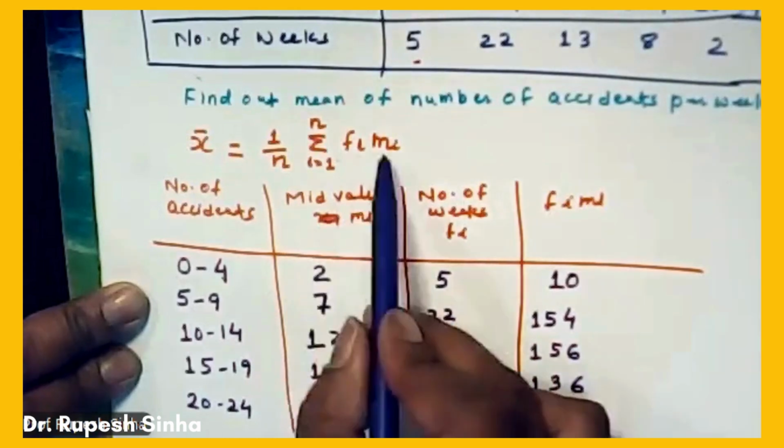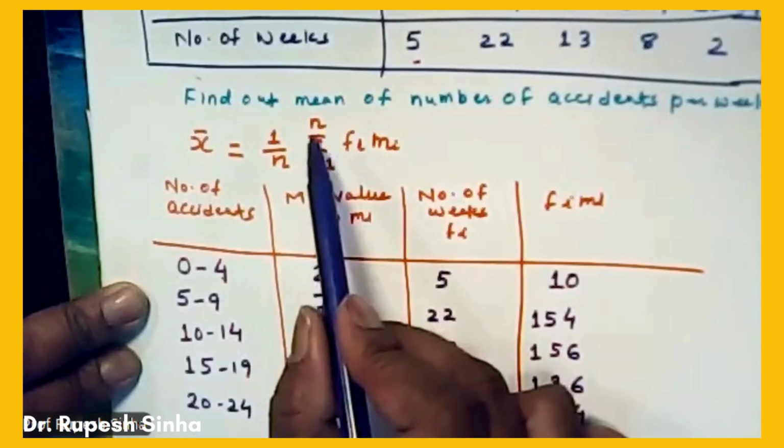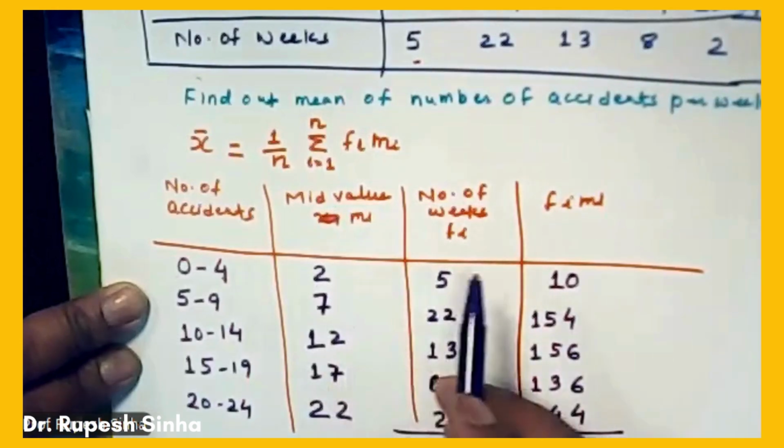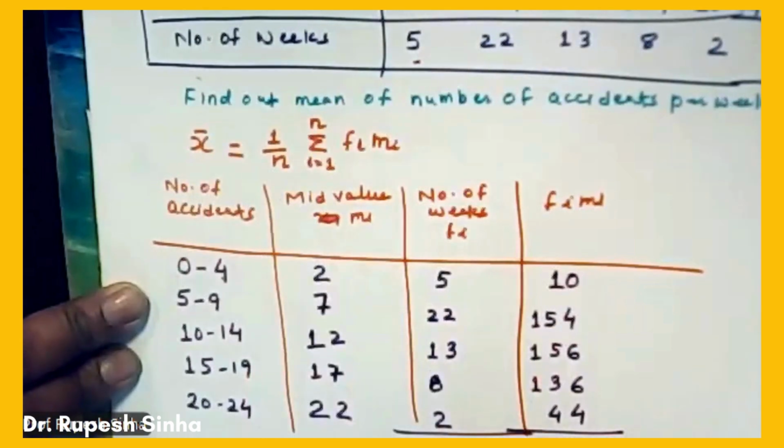So in order to proceed, we need to do summation of fi mi, right? And we need to find out n. N is nothing but summation of fi. So we need to add these values.